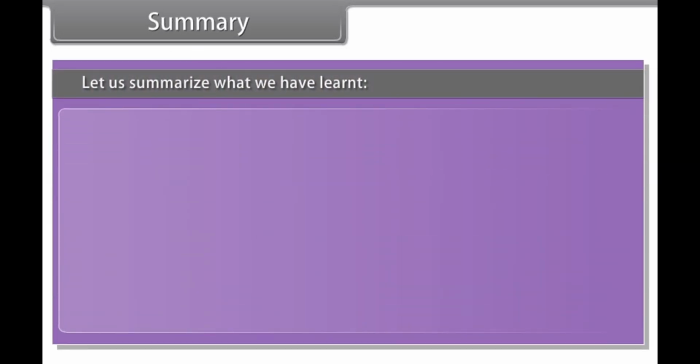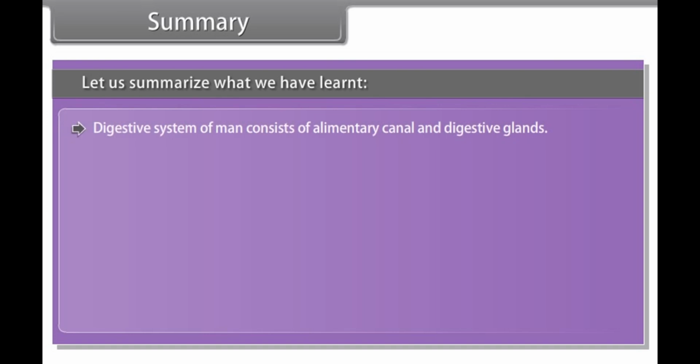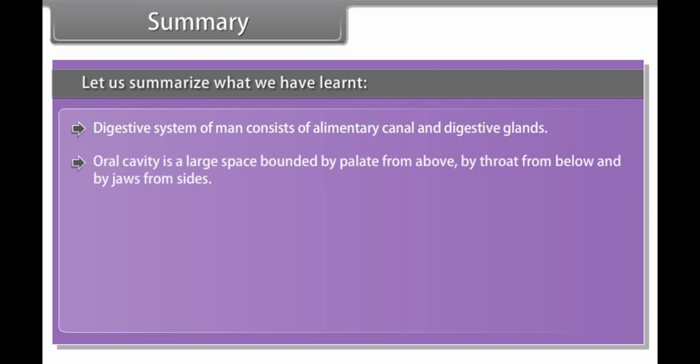Summary. Let us summarize what we have learned. The digestive system of man consists of the alimentary canal and digestive glands. The oral cavity is the large space bounded by the palate from above, by the throat from below, and by the jaws from the sides. There are 32 teeth in the permanent set.